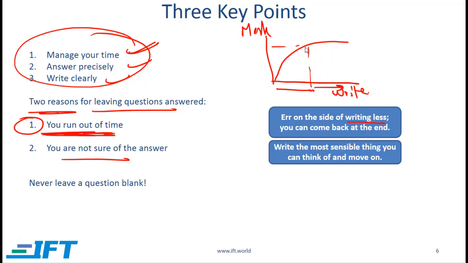So as long as you are good enough, that's great, just move on. You have to stay within the time limit provided. Now, if you manage to get done earlier, that's great. Then you can go back, review your work, and where you feel you can add a useful point, you can do that. But while you are making your first run through the paper, err on the side of writing less.